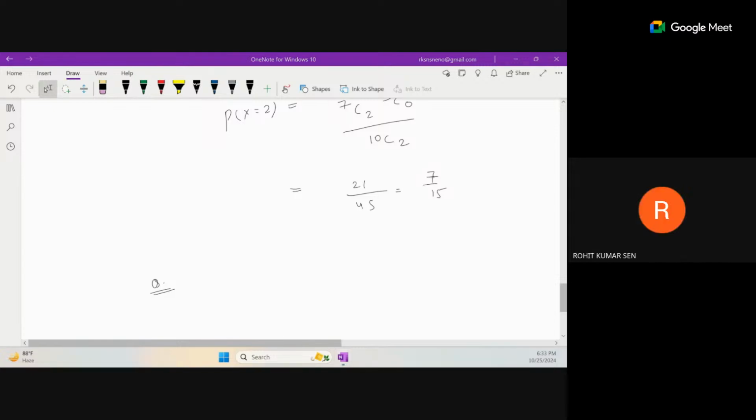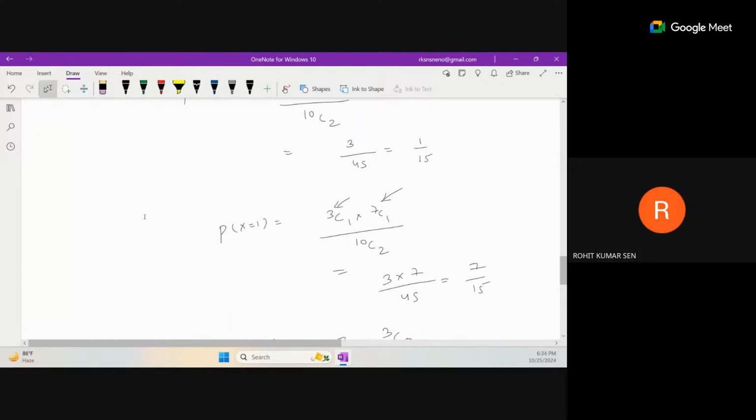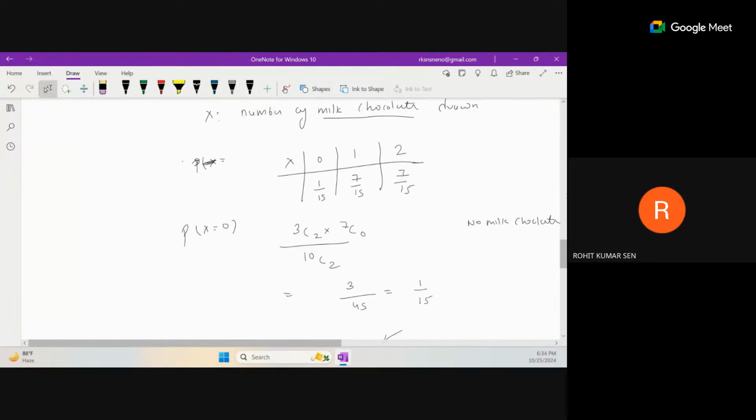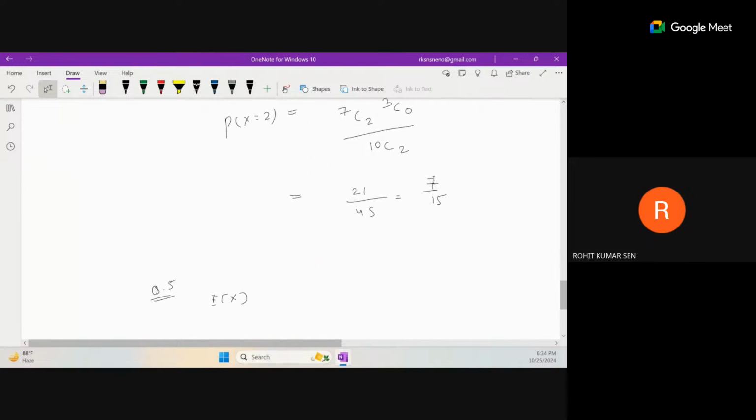Now the fifth question says you need to find the expected value of x. You have your distribution of x, and you need to find its expected value. What is the expected value of x?